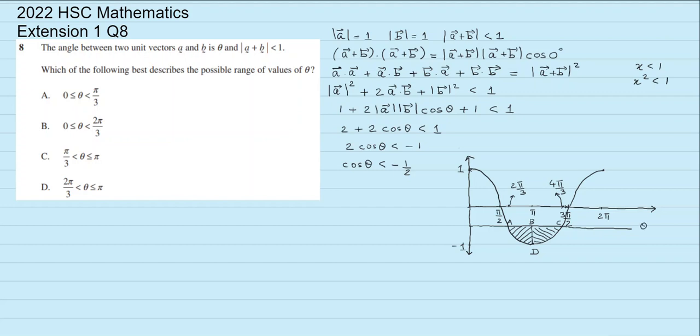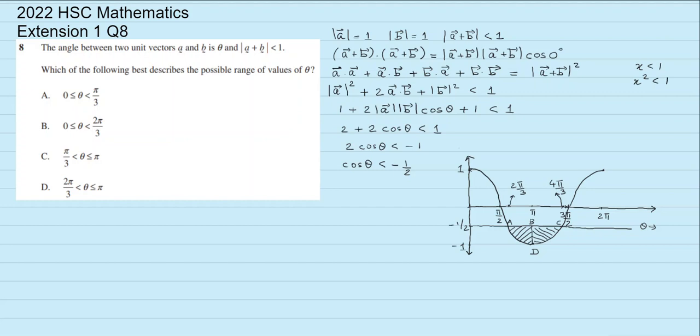On the x-axis we have theta, and on the y-axis we have cos theta. I suppose you are familiar with this picture. Now, cos theta should be less than minus 1 by 2, which will be the region A, B, C, D, A.